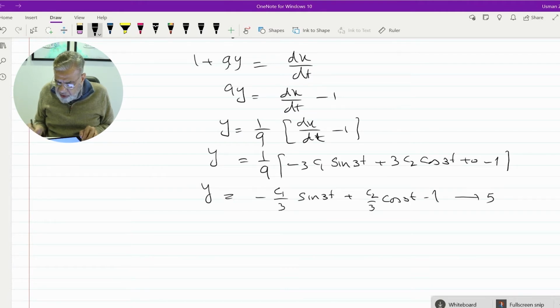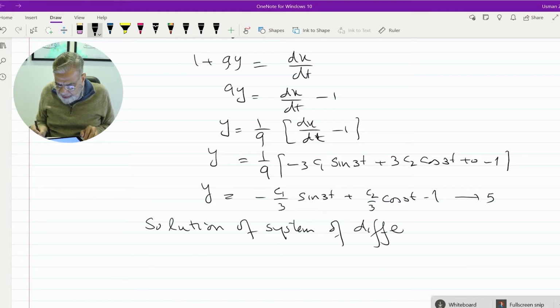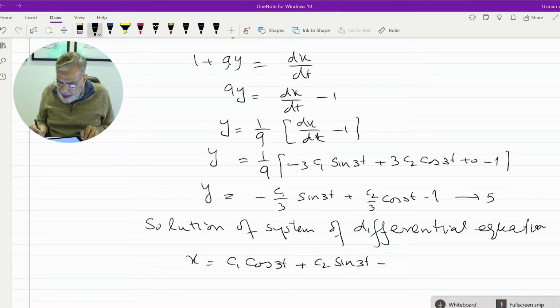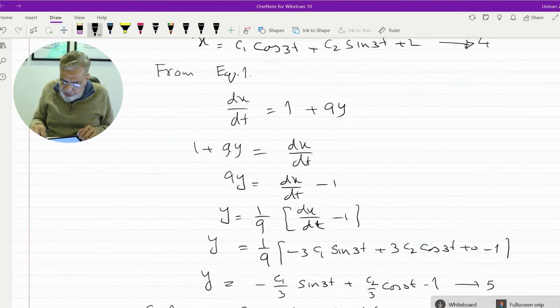This is number 5, my solution of the system of differential equations. I always write the solution at the end, specifying the variables. First I write variable x. My x is equal to c1 cosine 3t plus c2 sine 3t plus 2.